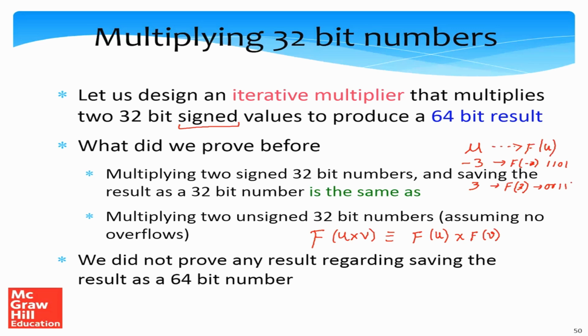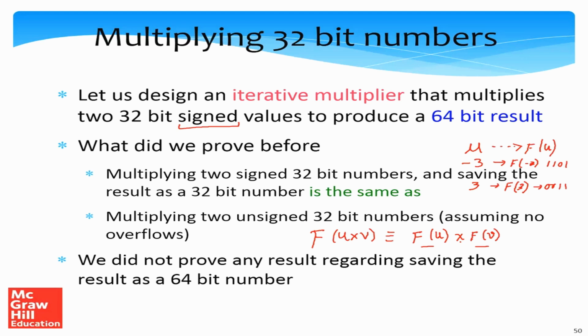So what we have essentially proven is that the representation in 2's complement of a product of two numbers is the same as taking each of the numbers individually, taking their 2's complements, and then multiplying them assuming that they are regular unsigned 32-bit numbers. You'll be just fine as long as there are no overflows.